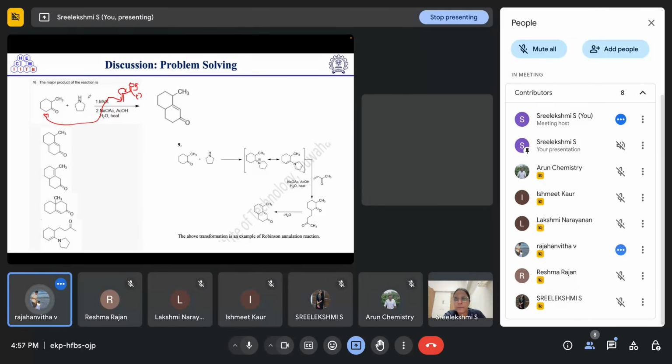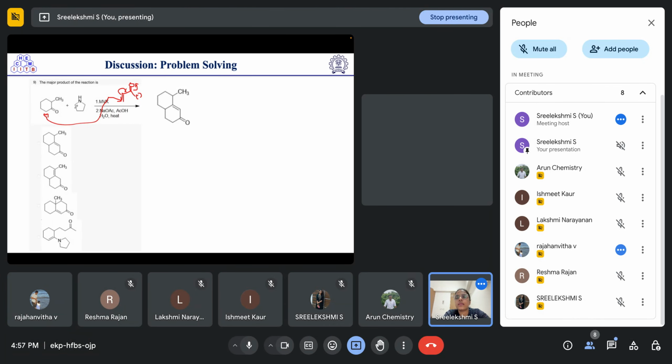Actually, no. First, methyl vinyl ketone is added to the ketone molecule. How? First, basically an aldol reaction only. Proton abstraction will take place, and then in 1,4 fashion this will attack here, and this will go here, and this will go here.